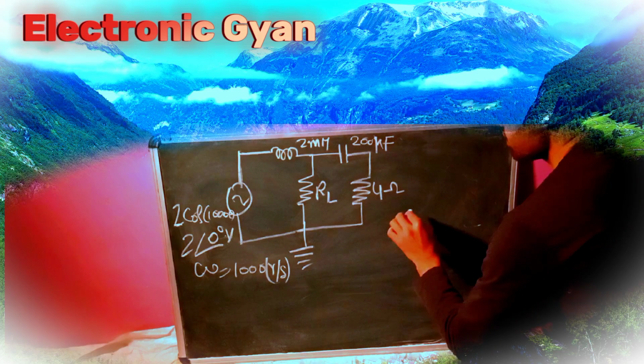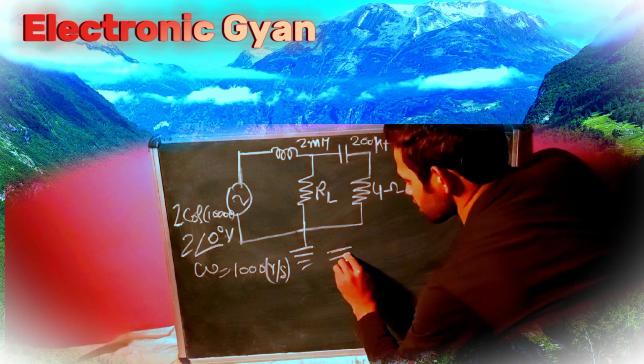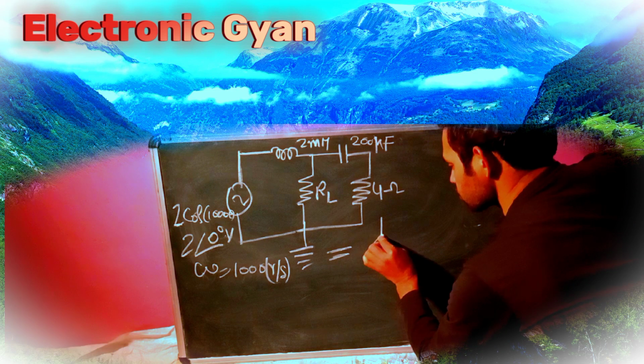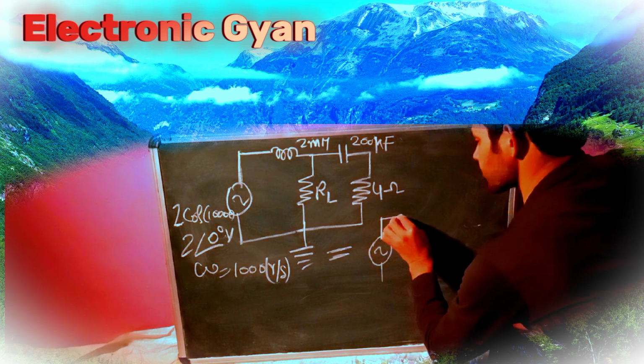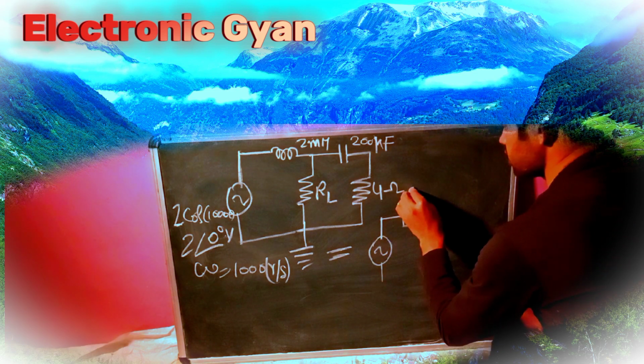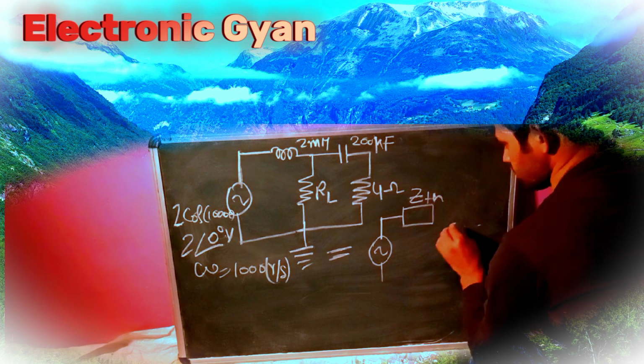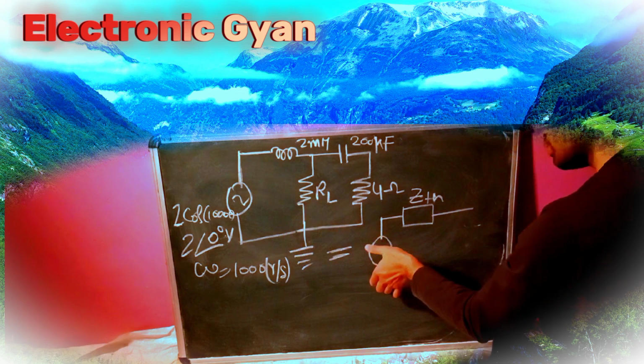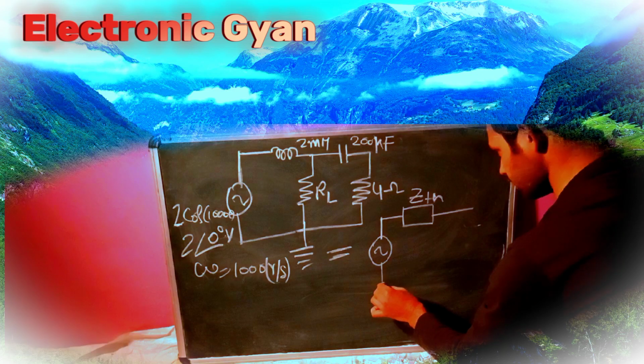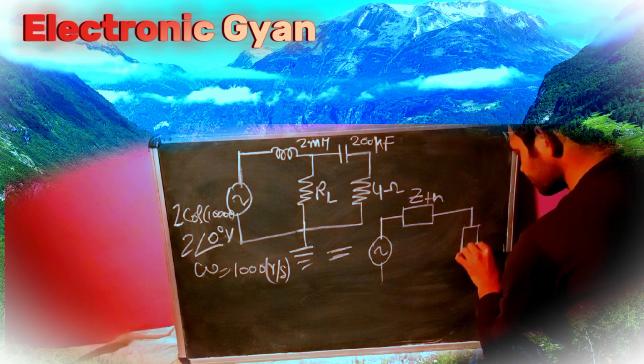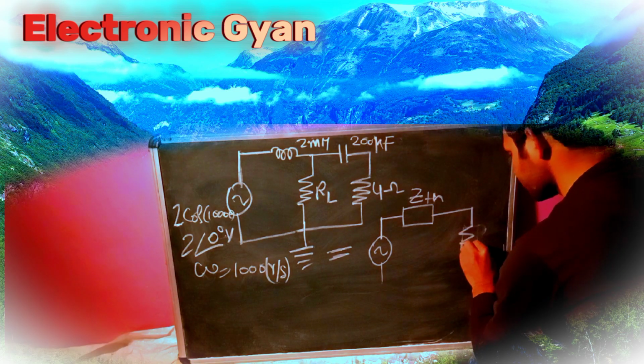Okay, so this we have converted to Thevenin equivalent. So this is my Thevenin equivalent. So this is my ZTH. This network is equal to Thevenin equivalent. For this Thevenin equivalent that we obtained, and this is my load, real load.